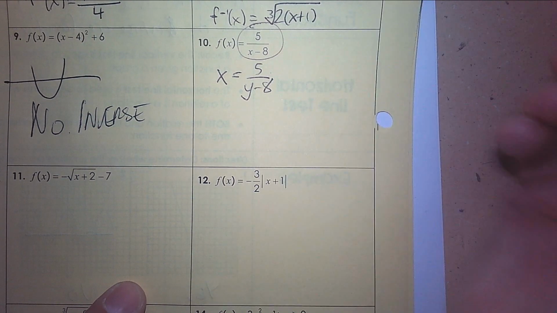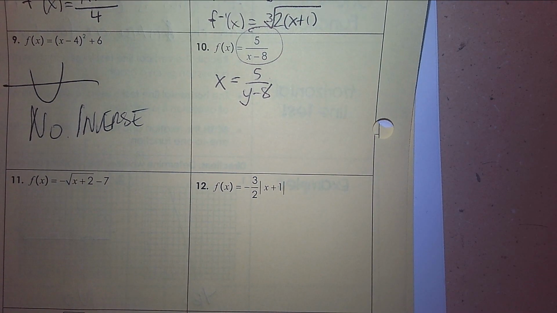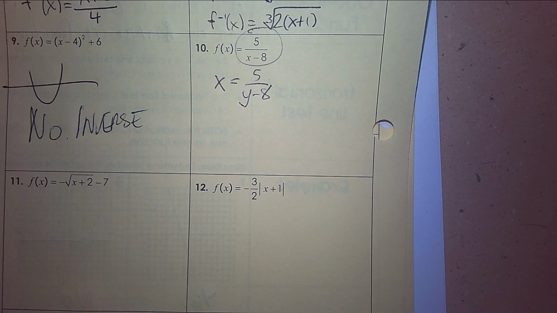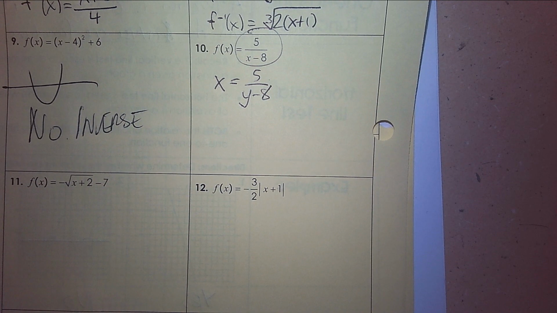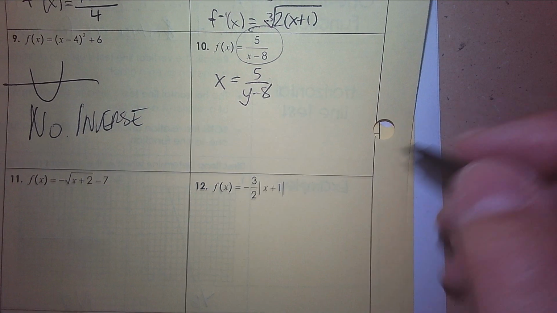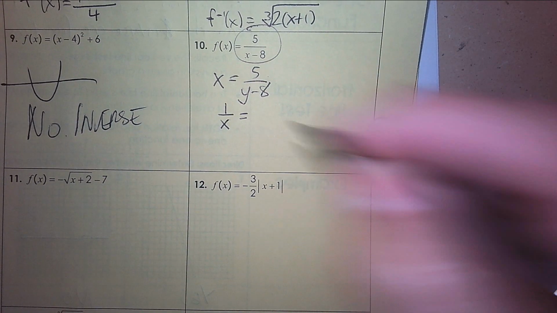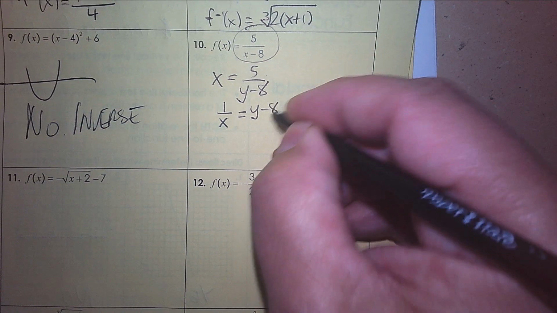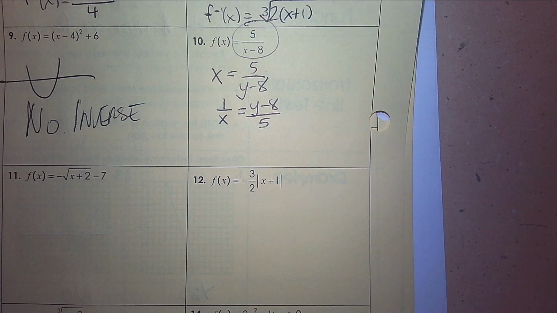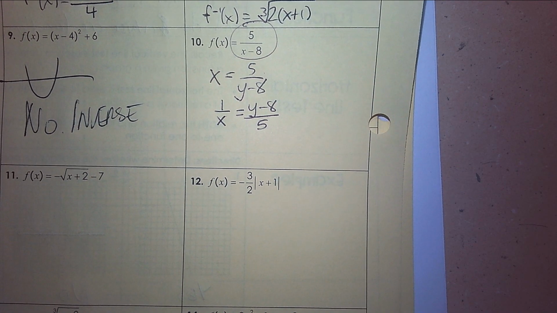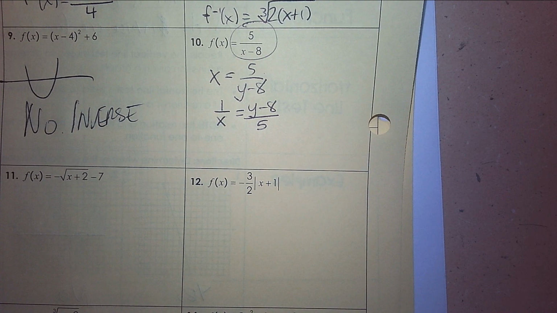Excellent. Now, I'm going to give you support algebraically. The easiest step to do next is to do the reciprocal to both sides. What's the reciprocal of x? Good. What's the reciprocal of the right side? Can you see how now the y, which I'm trying to solve for, is in the numerator, which makes it easier to get by itself?